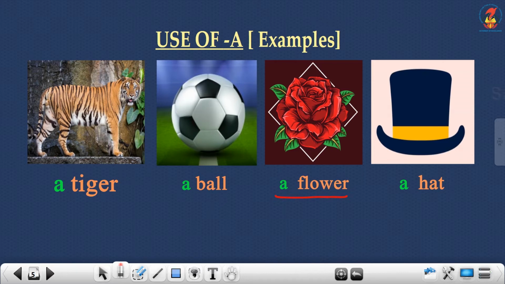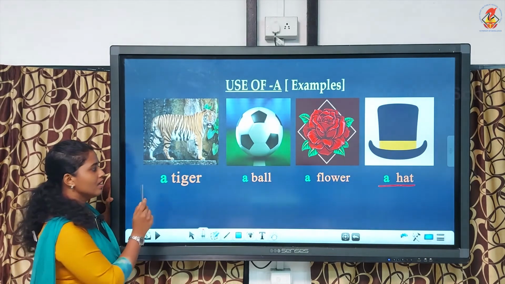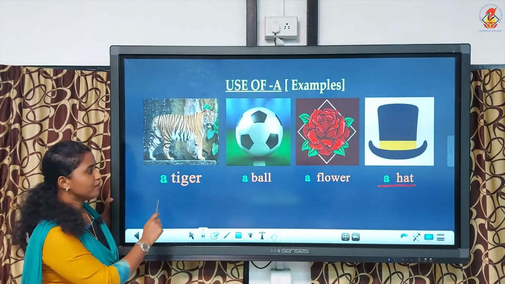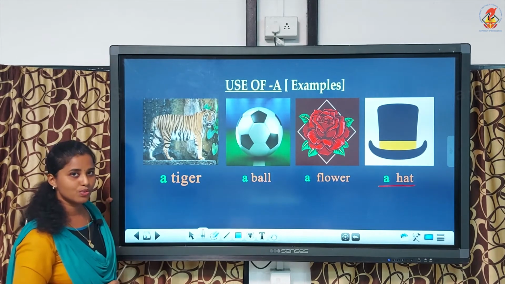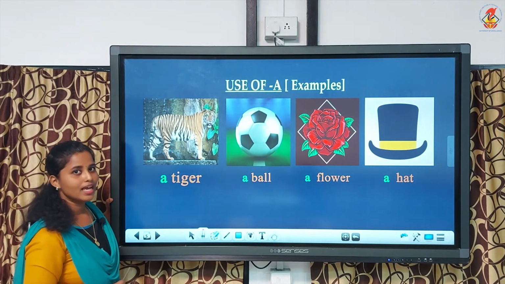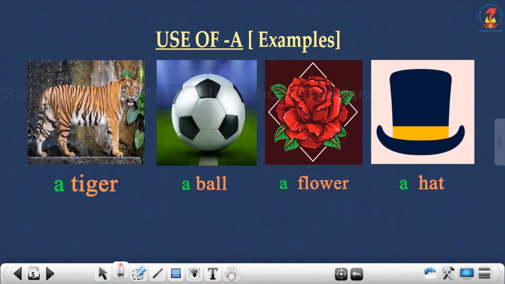And the last picture is a hat. As you can see, I have written the article a before all the nouns written here, isn't it? And a is used before the naming word that begins with a consonant sound.